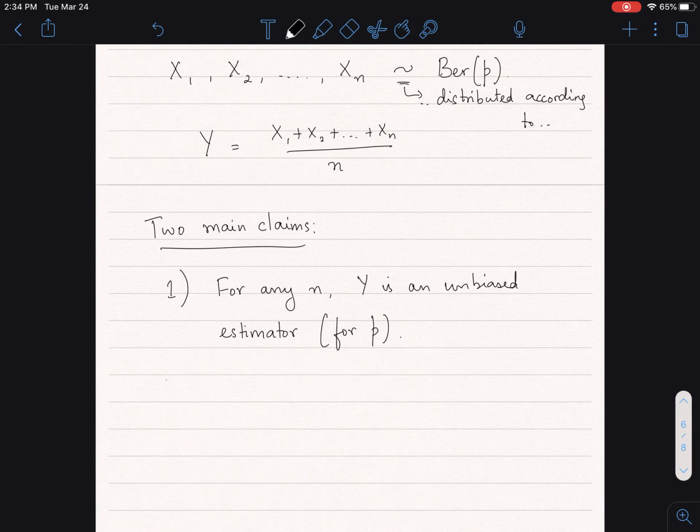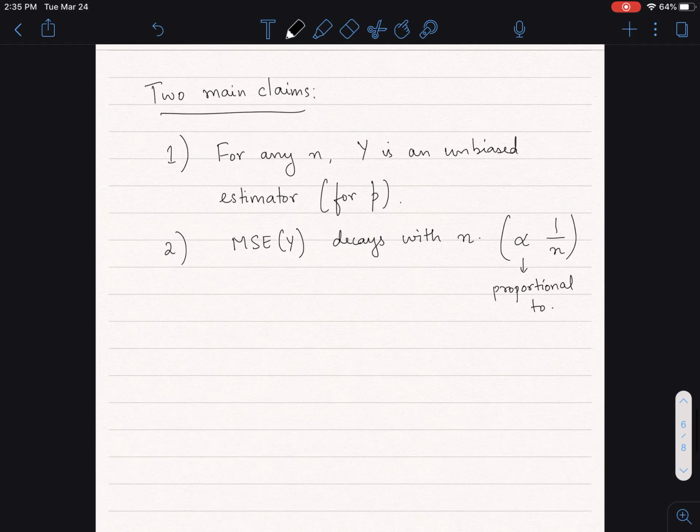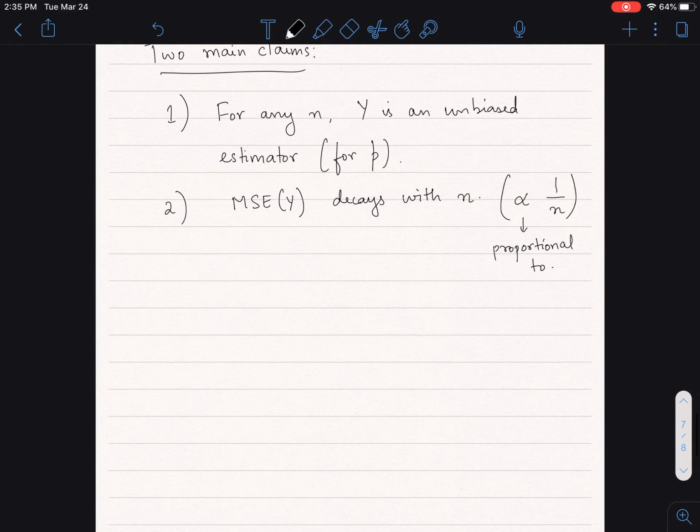And the second one is that MSE of y decays with n. In fact, the dependence will be proportional to 1 by n. This symbol is not alpha, it means proportional. These will be the two main claims, and let's see the proof of these two claims.